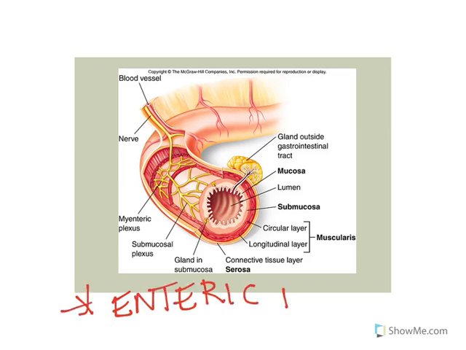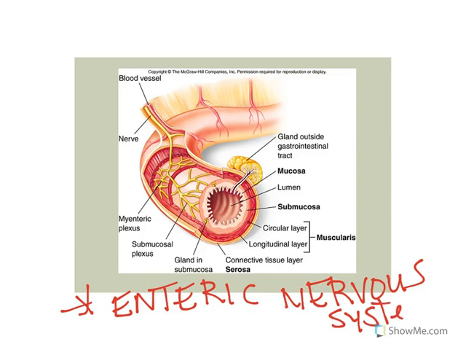I'm going to put a big star by that because this is a major regulator of control, major regulator of digestive activities. Enteric nervous system is specific for the nervous system. It's extensive, if not more, than the autonomic nervous system. So this is a very important neural control mechanism that we have in the digestive system.